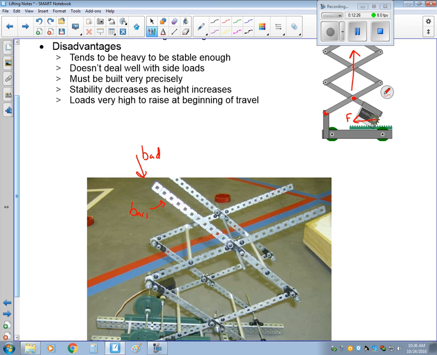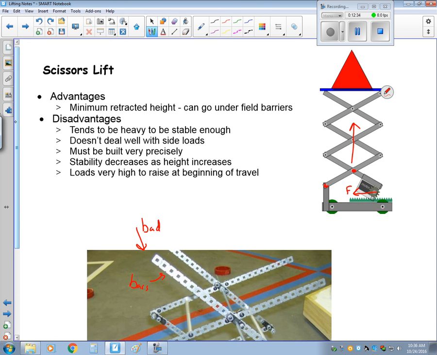And the loads are very high to raise. So at the beginning of the travel, they're kind of fast and then they slow down as they get taller. When you build these, you have to make sure that there's a sliding component up here and down here. So as you build these, you have to keep the geometry in mind.